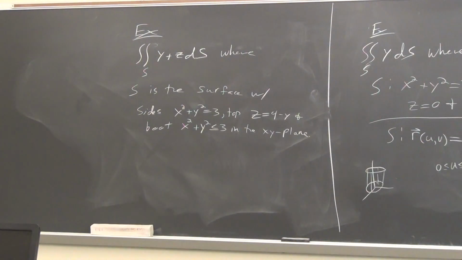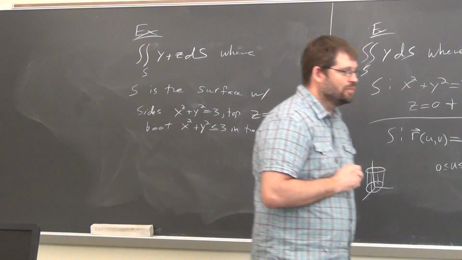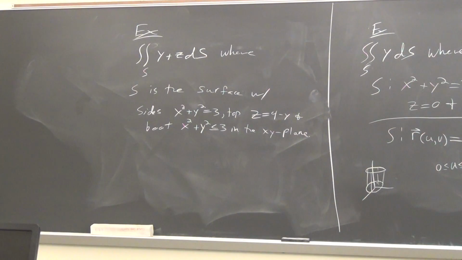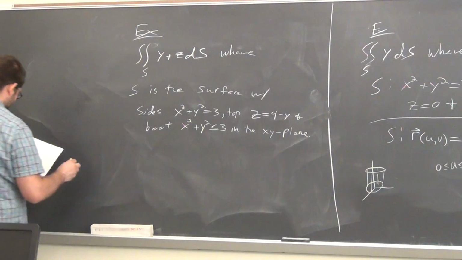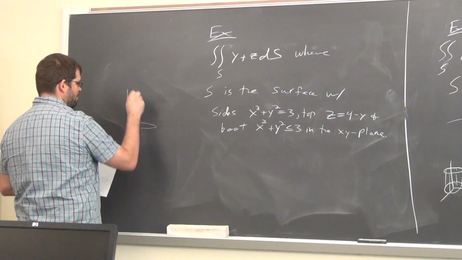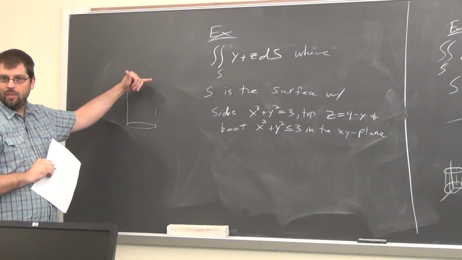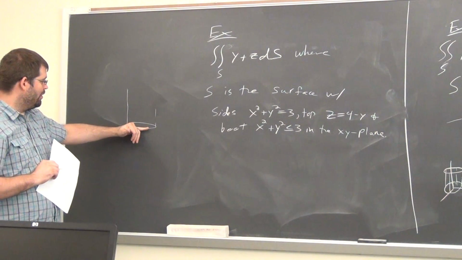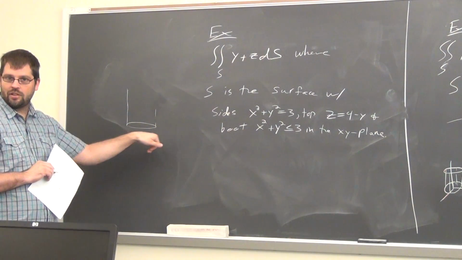So let's draw this region before we do anything else, and then hopefully I can convince you what's going on. We just saw what x squared plus y squared equals 3 is. It's a cylinder, and I'm going to just draw it like this. You get a cylinder of radius root 3 coming up. And then at the bottom of it is just the circle of radius root 3 in the xy plane.